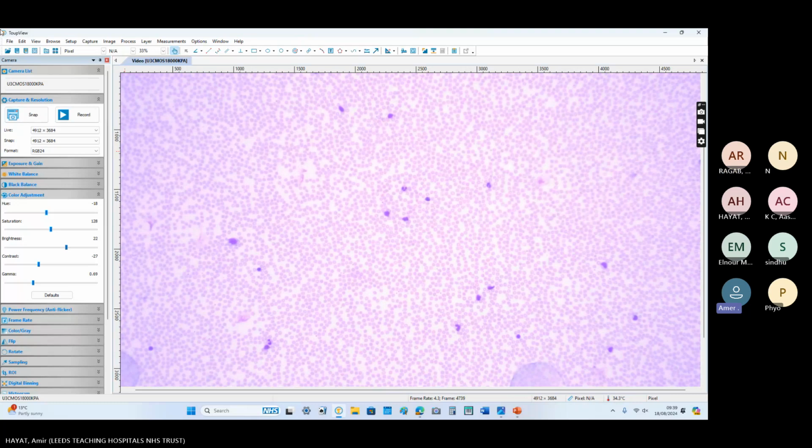The full blood count shows white cell of 16, but the BMS, biomedical scientist, called you that there are some abnormal cells which he thinks like acute leukemia or leukemia-like cells, and he wants you to review the blood film urgently. His hemoglobin is normal and his platelet count is 150.